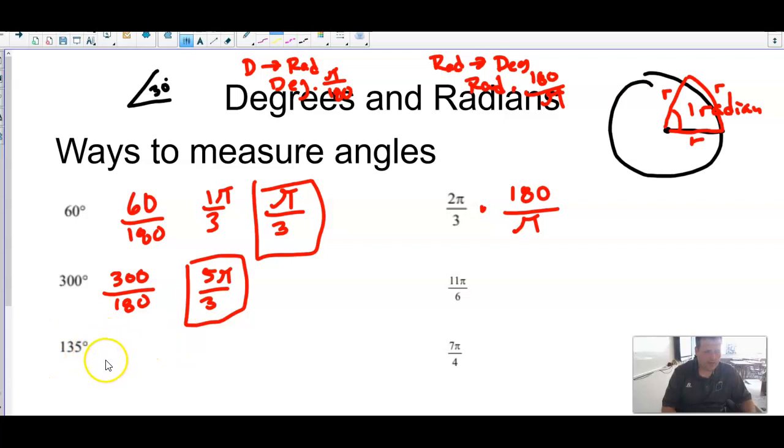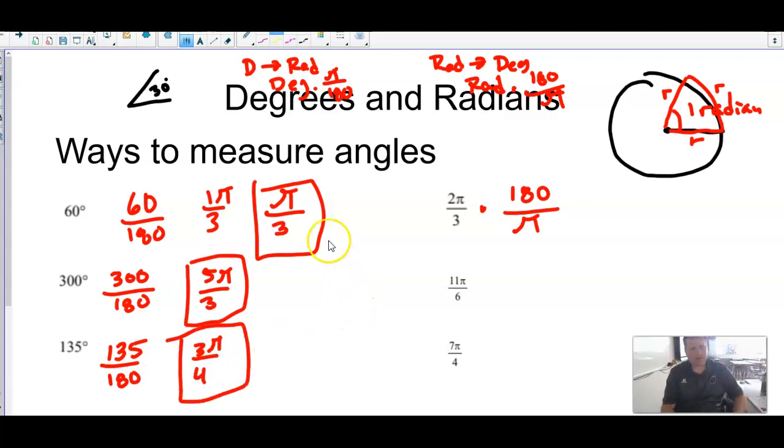If I have 135 degrees, I take that 135 and divide it by 180, and that is going to give me 3/4, and I put that pi up top, and that would be my radian measure. So these are all degrees to radians.